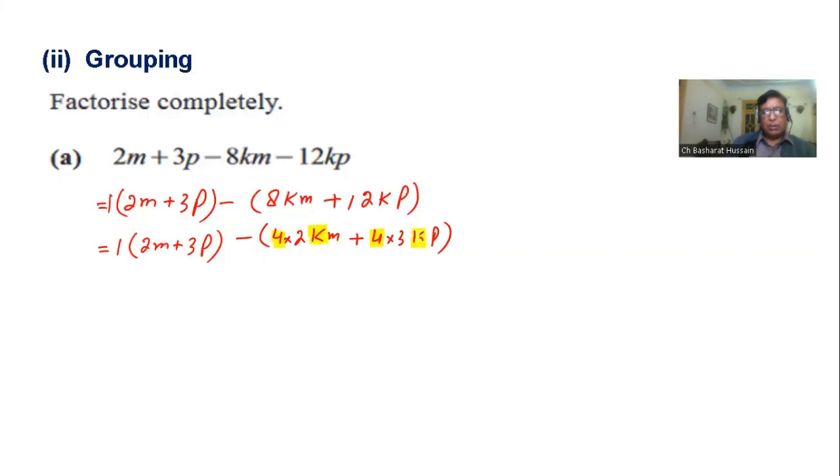K. So k is common in both. So here 4k is common.